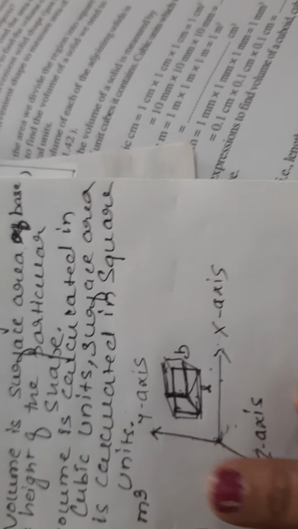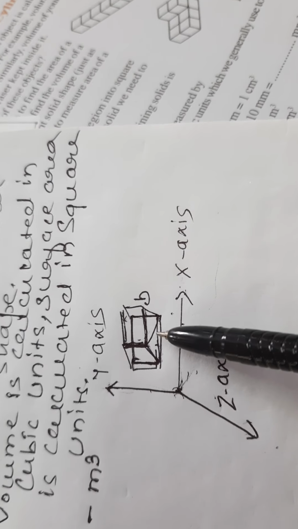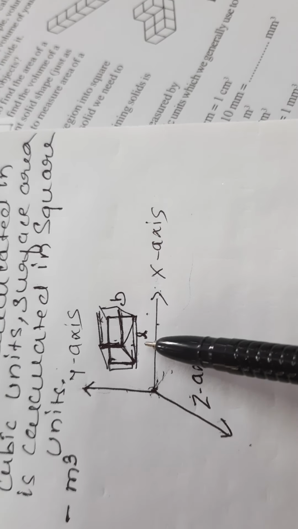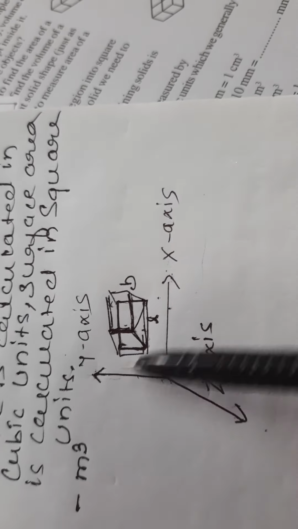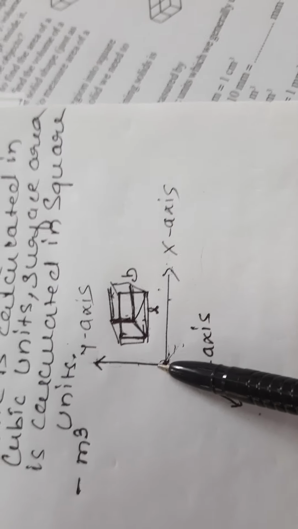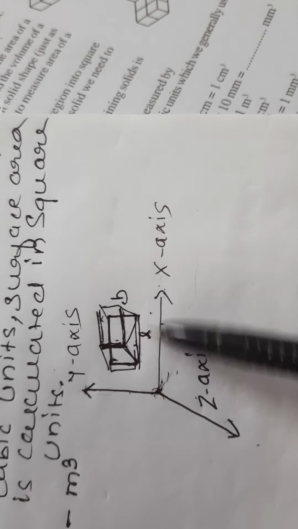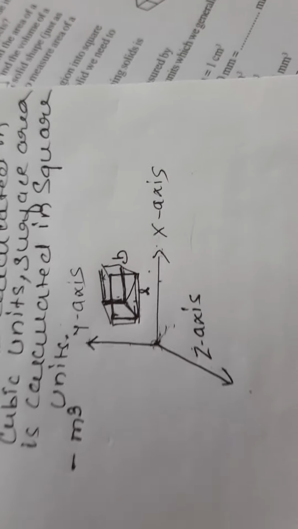Is that clear? So this is the basic difference between a 2D shape and a three-dimensional shape. A two-dimensional shape uses only the x-axis and y-axis, a plane where height is not required, and a three-dimensional shape will require a height also to represent, which is the z-axis.